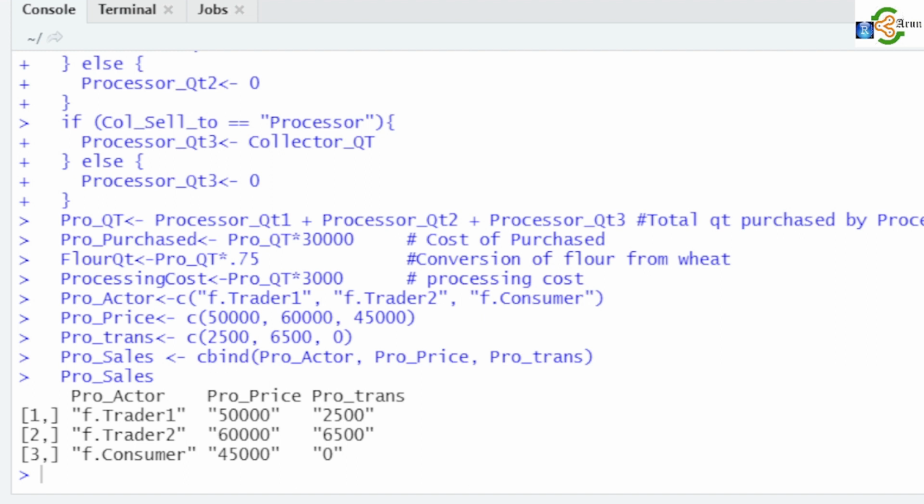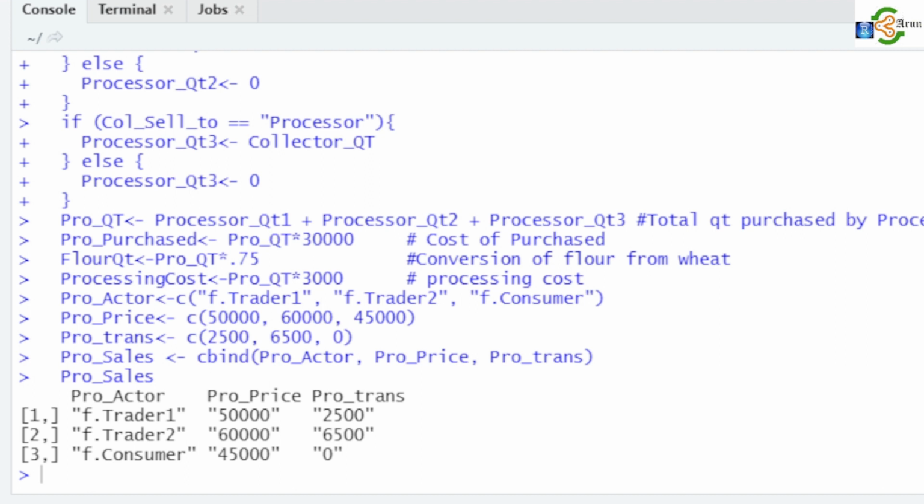In this case, if the processor sells its produce to trader 1, then the processor will get 50,000 rupees per metric ton of flour price, and the associated cost to transport from the processing unit to trader 1 is 2,500 rupees per metric ton.